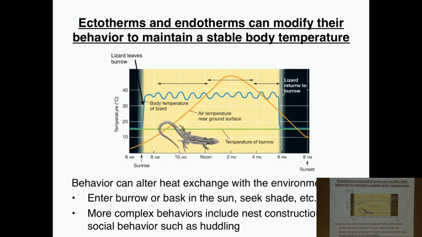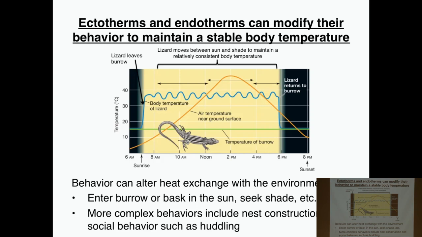When the sun comes up, the lizard leaves its burrow and starts to take advantage of some of that environmental heat from the sun, so it's going to take in some radiant heat. And then as the environmental temperature continues to rise, the lizard's body temperature is going to keep rising, and it's going to move between the sun and the shade to maintain a relatively consistent internal body temperature.